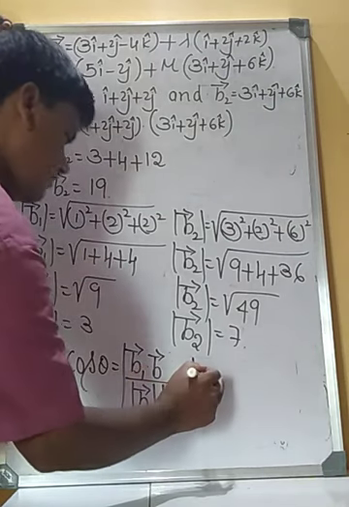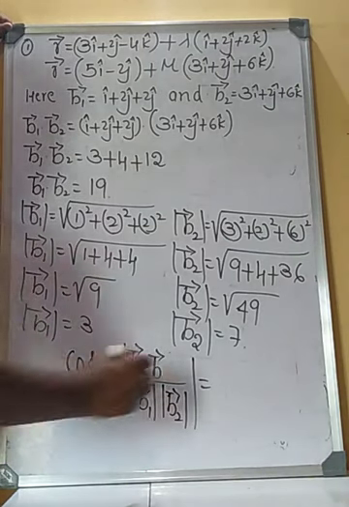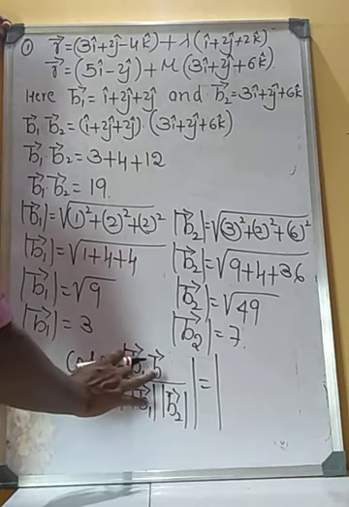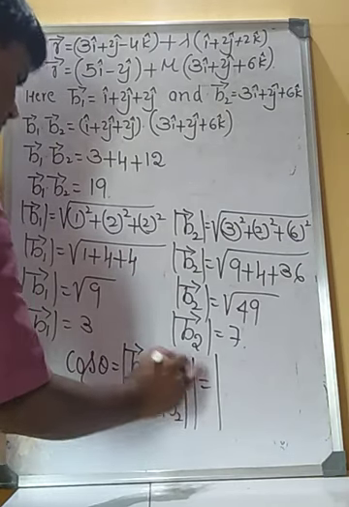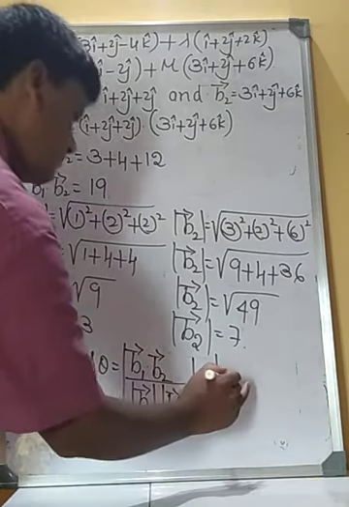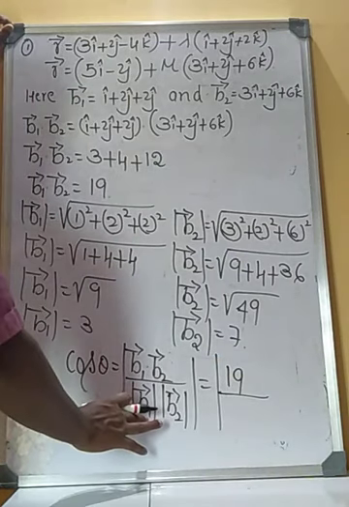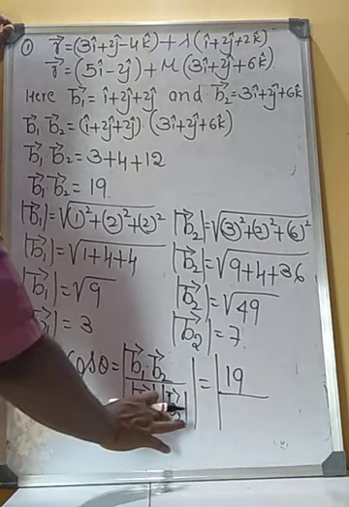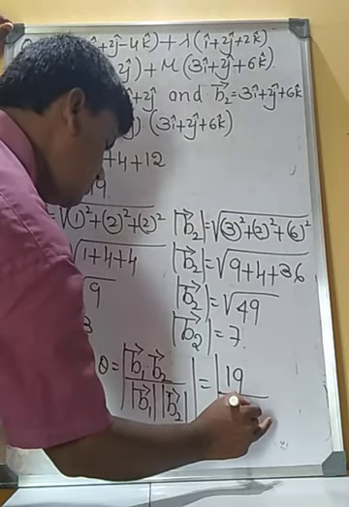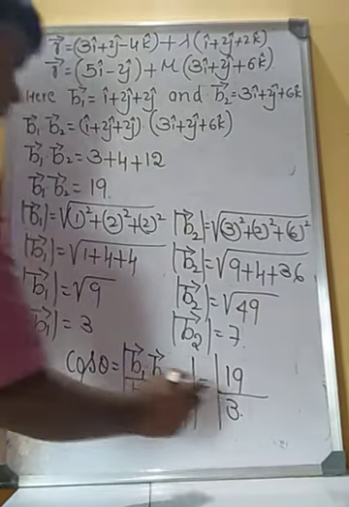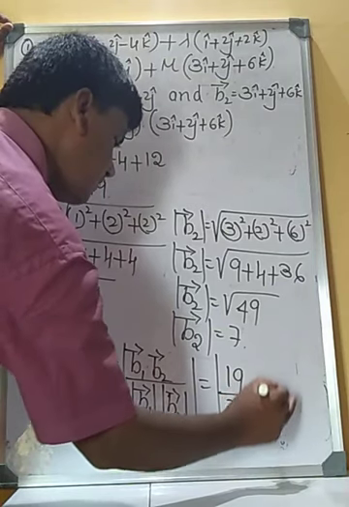So cos theta is equal to 19 dividing by 3 into 7.